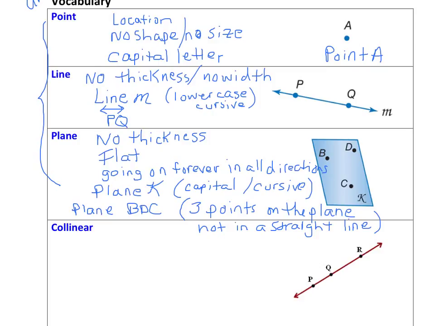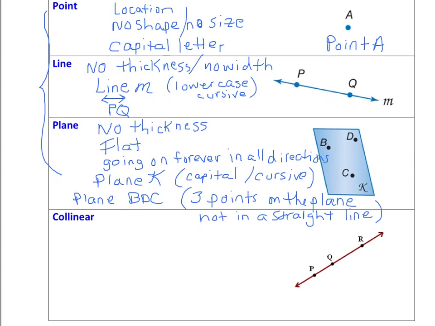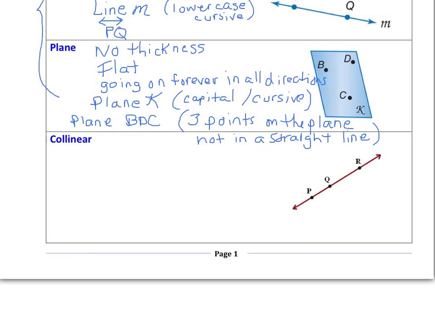Okay, collinear, you might have already figured this out by now, but the root word co, like co-captains, cooperate, means together. That's what that root word means.